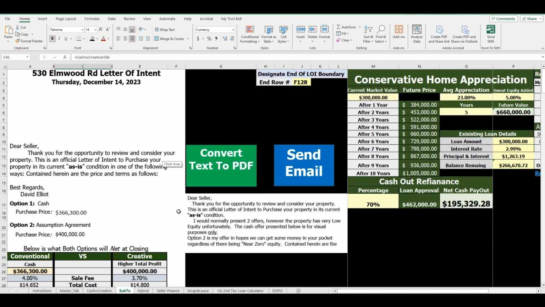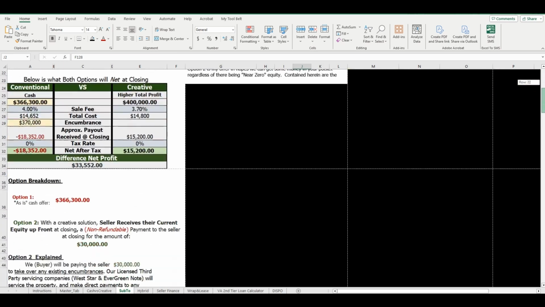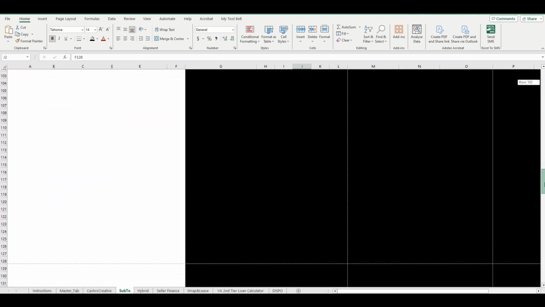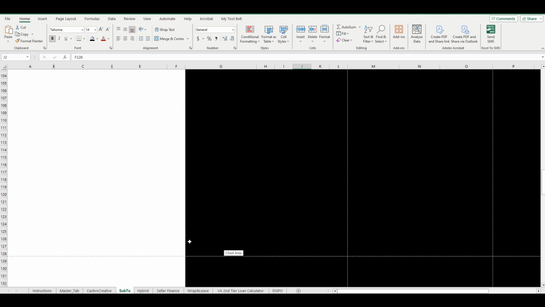And when you're ready, when this is all filled out and to your liking and style, simply come on over here to column J, row 2, and we're going to designate the end row. So when we are creating a PDF, we want to tell Excel, when do you want me to stop making the PDF?